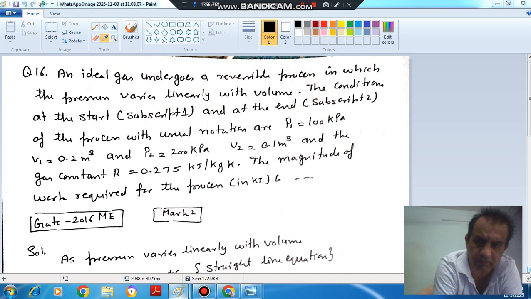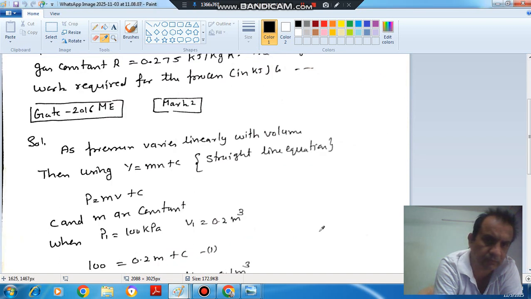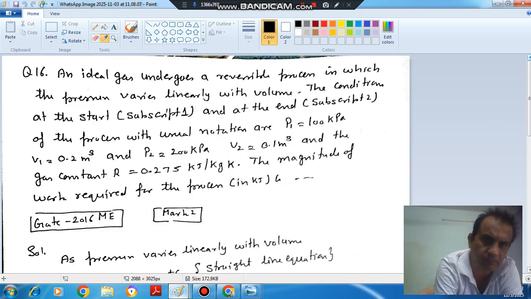So here pressure varies linearly with volume. So using the linear equation y is equal to mx plus c, we can take y as P and x as V. So P is equal to mV plus c. P1 is 100 kPa, the initial pressure, and the initial volume is 0.2 meter cubed. P2 is also given, and V2 is also given.